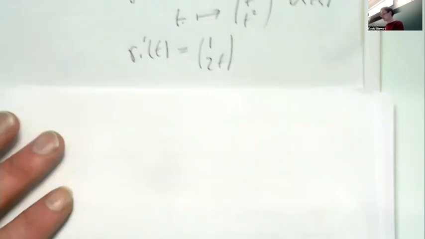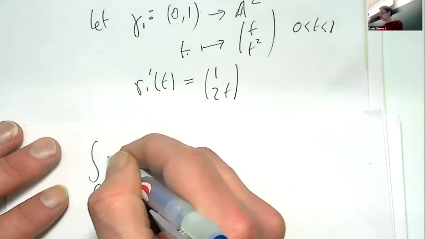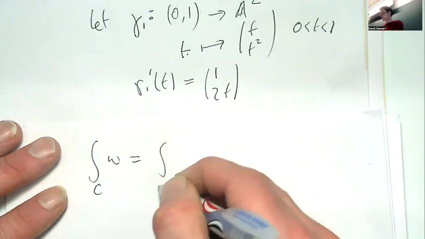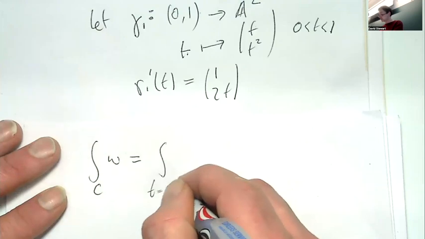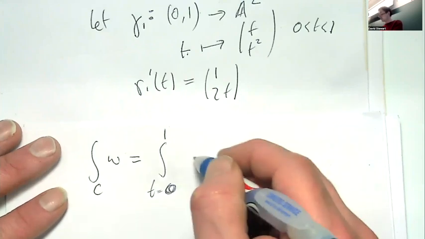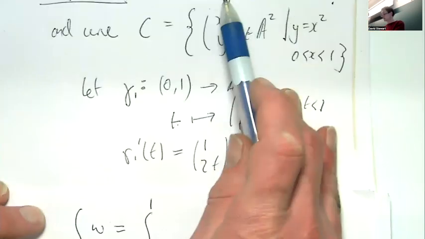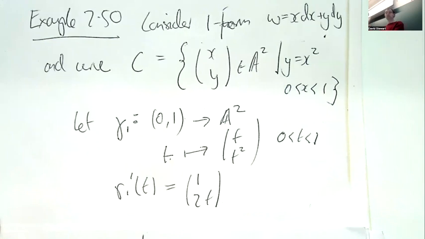So we have to plug in to the formula. So we have to take, first of all, the integral from t equals a to b, and that's 0 to 1 in this case, of the sum of the different G_i's.